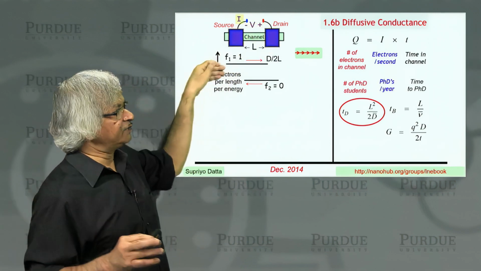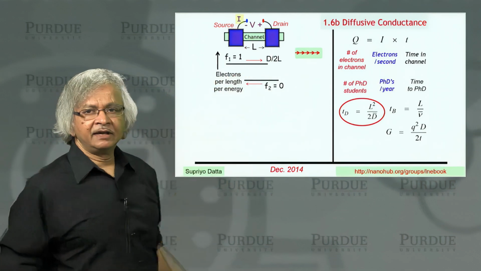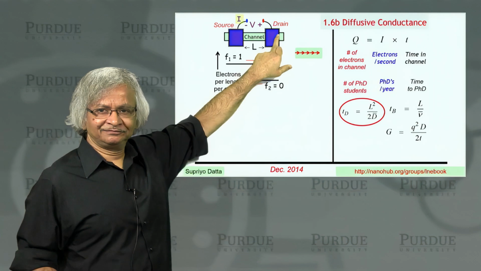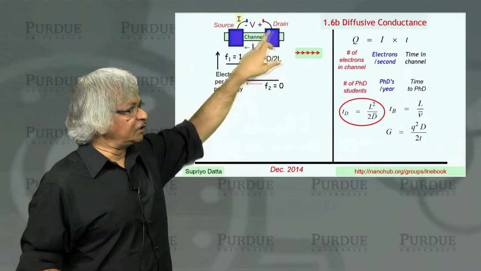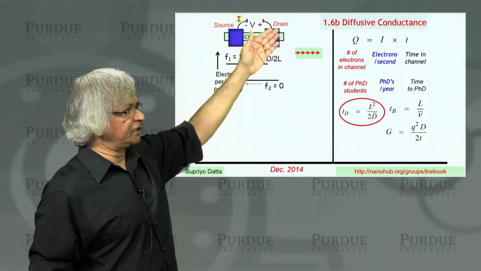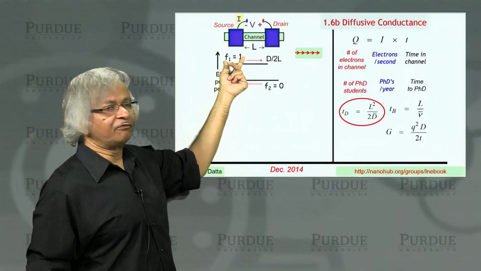So you have these northbound lanes and you have southbound lanes. Now let's say something big is happening in this northern city, so that lots of people are trying to get from this source to the drain, which is kind of the equivalent of having f1 equals 1.